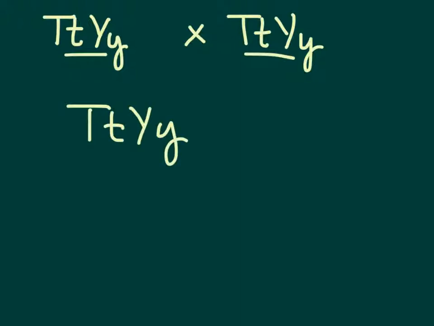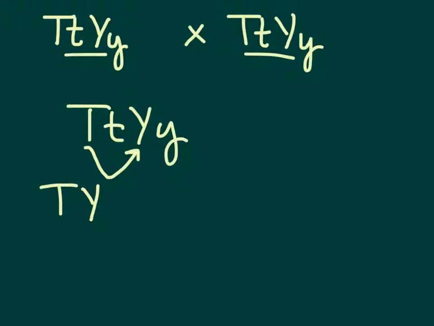So let's think about gametes here. Say that these are on different chromosomes. So they're not located on the same chromosome, but they're on different chromosomes so they can assort independently. I could make one gamete from this first parent with a capital T, and that could pair with a capital Y, right? That's one potential combination of those letters.